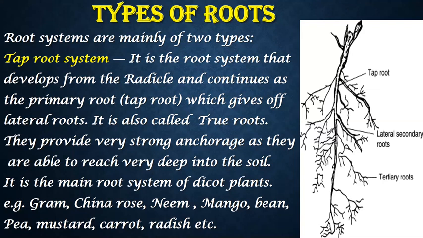It is also called true root. They provide very strong anchorage as they are able to reach very deep into the soil. It is the main root system of dicot plants. Examples are gram, China rose, neem, mango, bean, pea, mustard, carrot, radish. These all have taproot system.